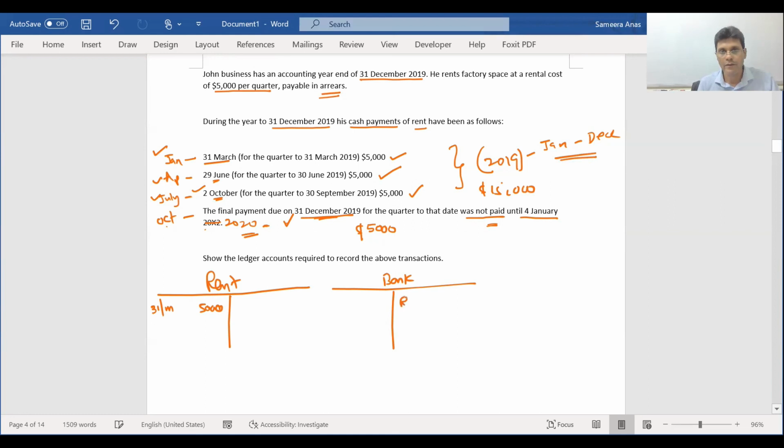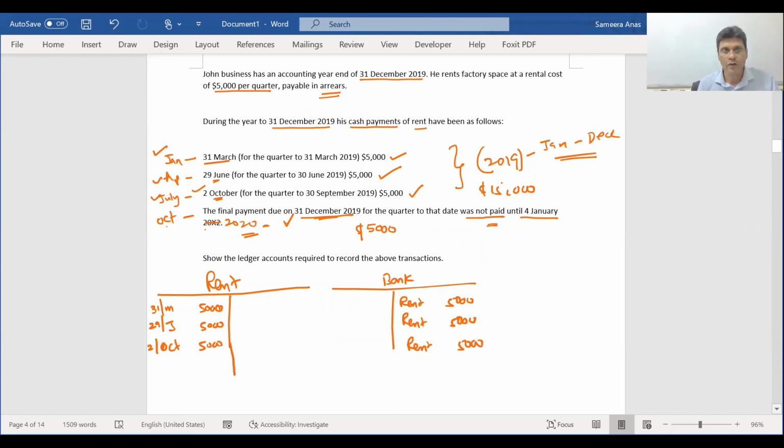Then 29th June, another 5,000 was paid, and the third quarter, 2nd October, 5,000 has been paid, and the rent is 5,000.